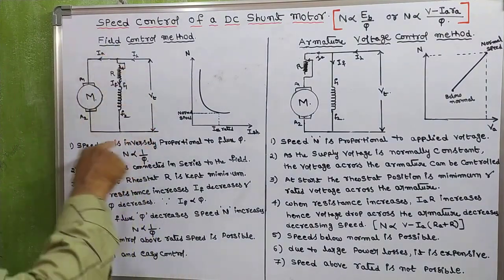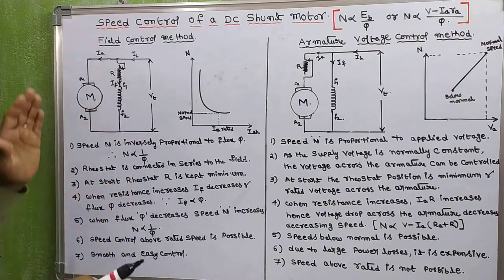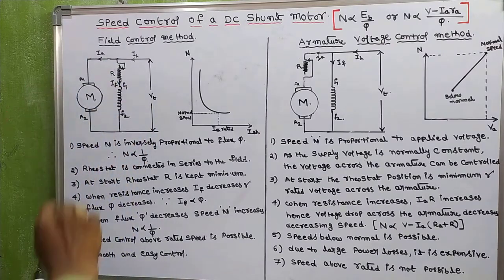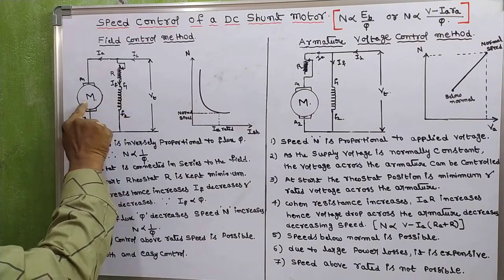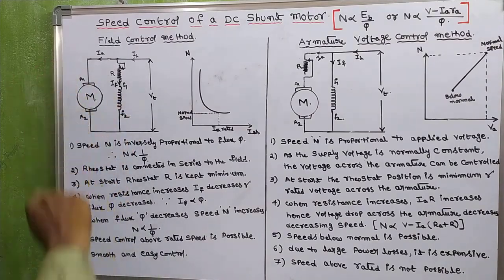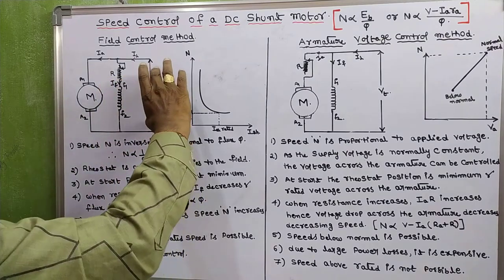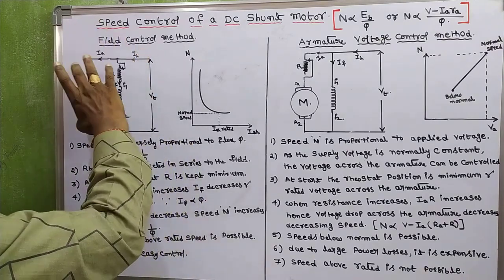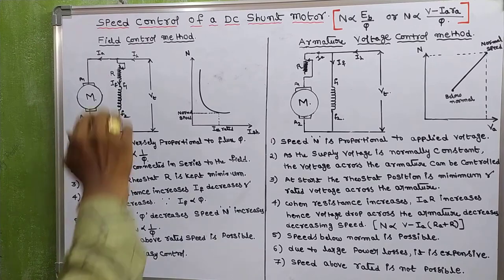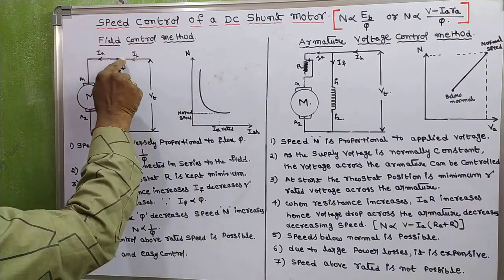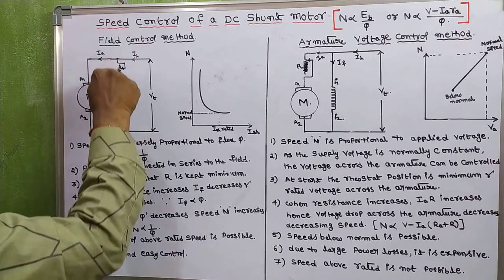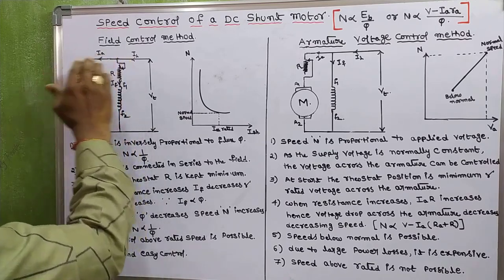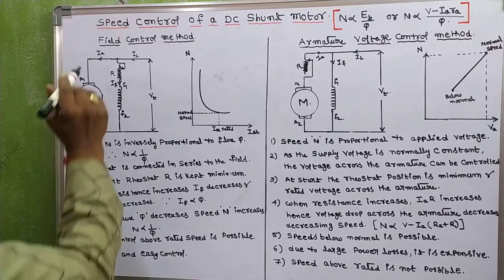So coming to field control method or flux control method, this is the diagram. The field is connected in parallel, or in shunt, with the armature. When we give the supply to the DC motor, the line current flows through the armature as well as the field.